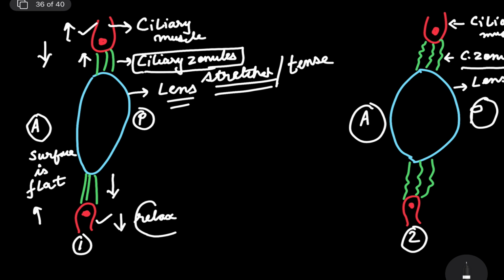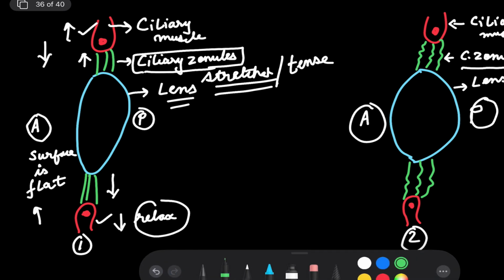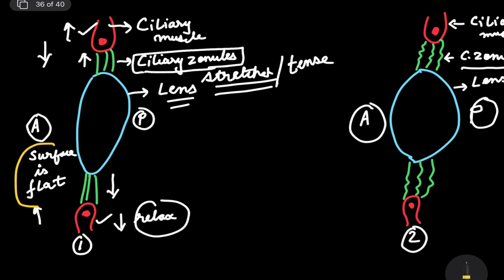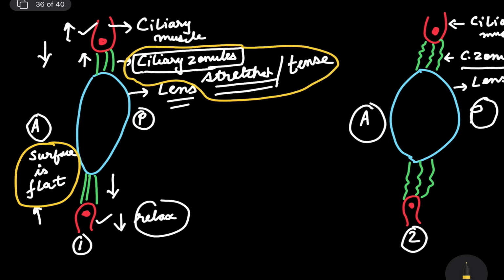So, what are the three things that have happened over here? First thing, the anterior surface of the lens became flat. Second thing, the ciliary zonules were stretched.